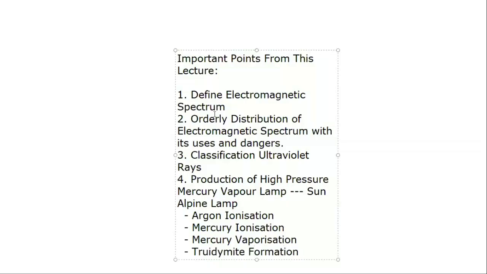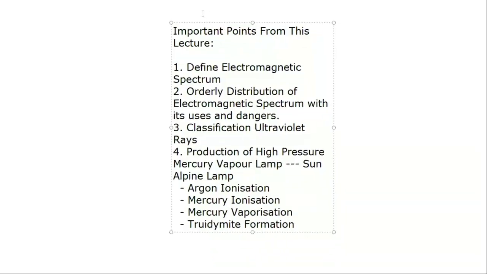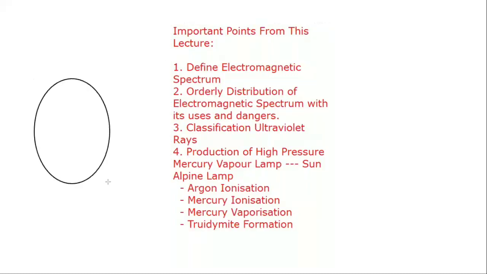So these are the important points through this lecture. I would highlight it in red color so every individual learns this. So please make sure that you are aware about this.